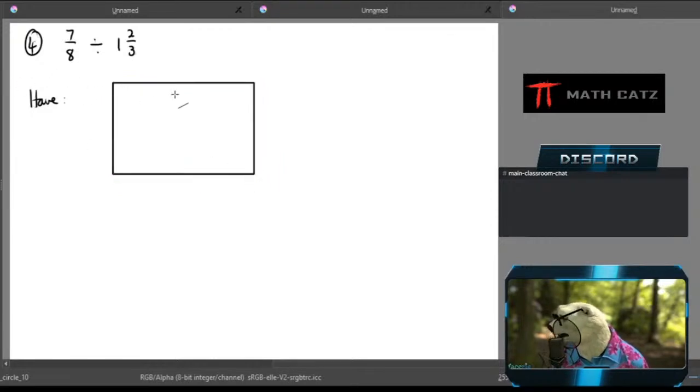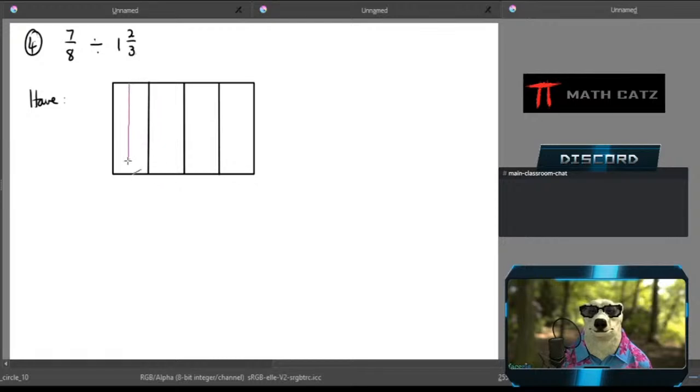I'll split it up according to eighths. Half and half. Half. No, not like that. Half of a half. Oh, that half's a little small. Of a half. Of a half.